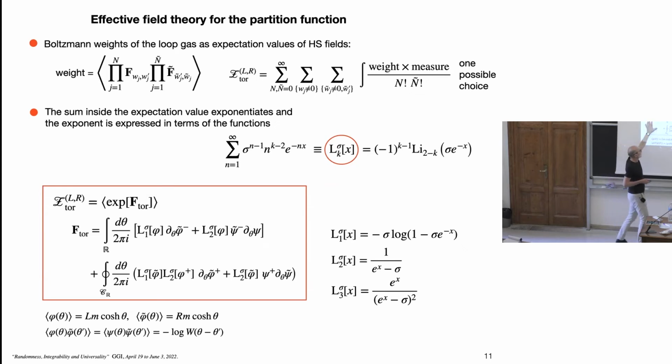We have this effective potential, the expectation values of these fields, and the two-point function. So everything is well defined, and in this sense the field theory on the torus is given by this expectation value of these auxiliary fields.